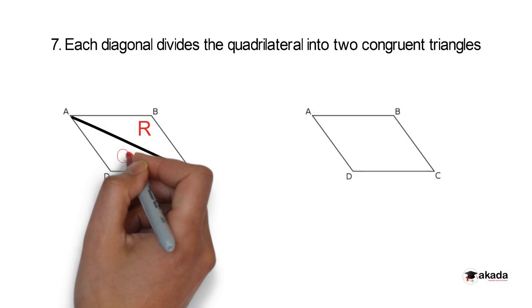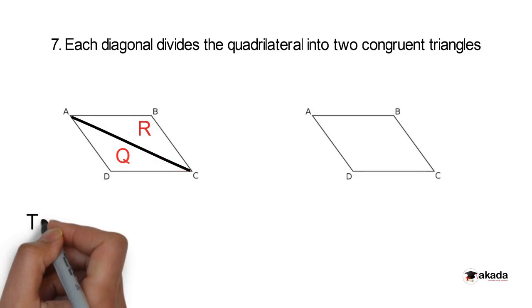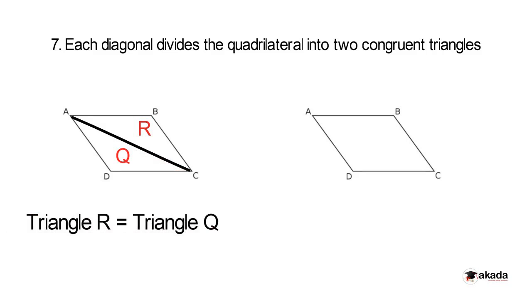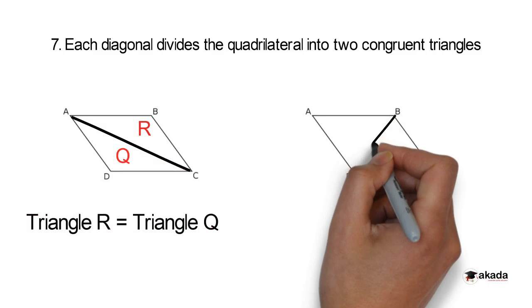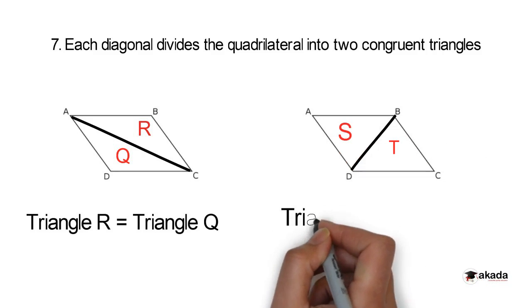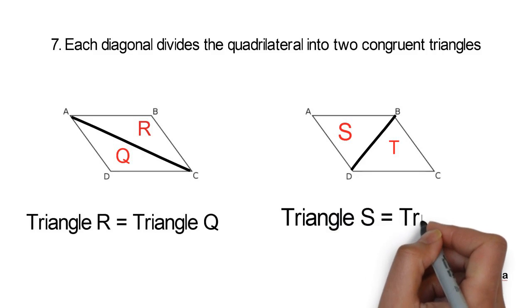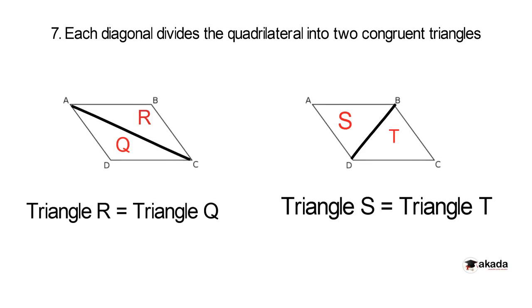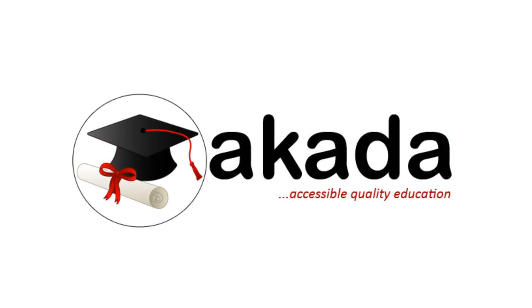I have triangle R and triangle Q. What this means is R equals Q. So if I divide these two also, can you see I have triangle S and triangle T. So what this means, R equals Q and triangle S equals T. Can you see that? Good. So can you see? Alright, so those are the 7 properties.